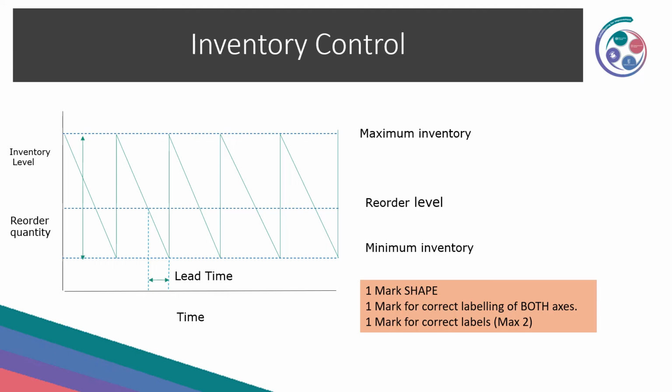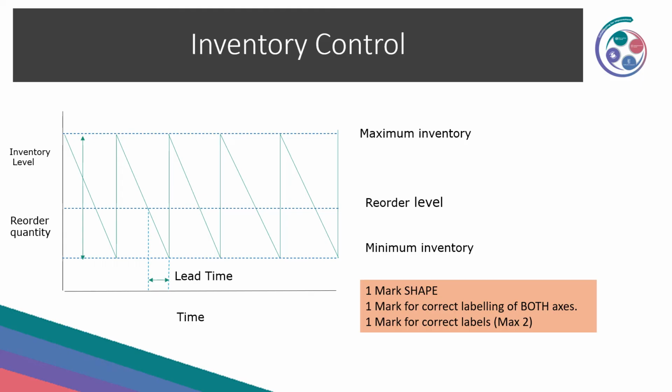Okay, so in the exam you would get 1 mark for the shape. So you get a mark for doing that N over and over again. And it's important that you get that right, because if you get it around the wrong way, unfortunately, we can't give you the mark. You get 1 mark for labeling both of the axes. So if you only had inventory level there and you didn't have time, I'm sorry, you wouldn't get a mark.